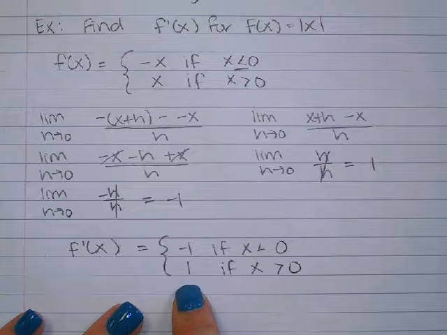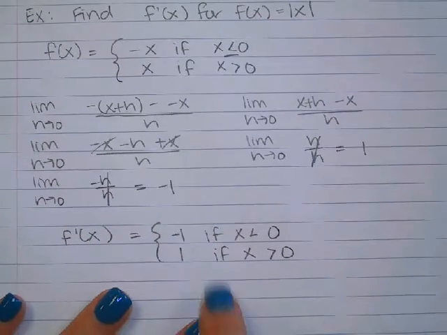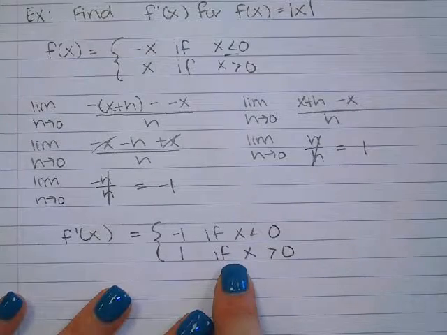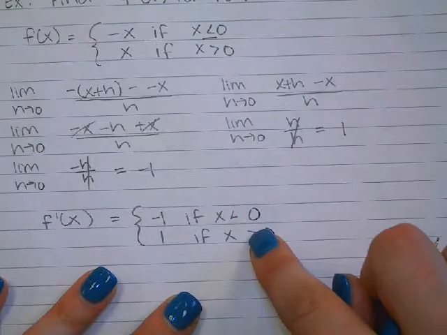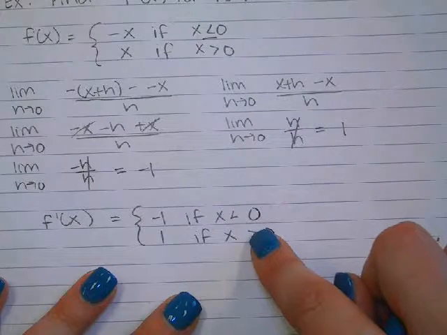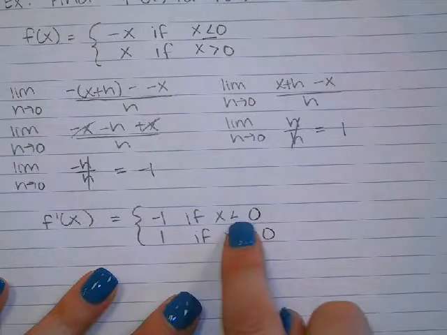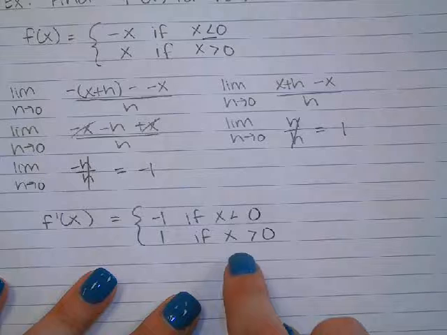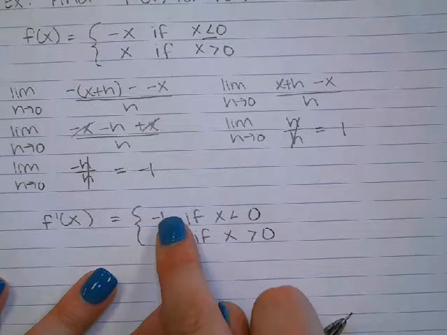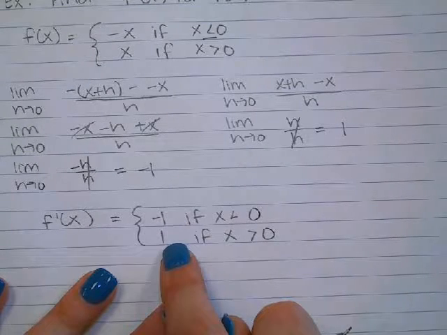They don't agree with each other, and so we're going to say that this is not differentiable at x equals 0, which is why I went from having the equal sign up here to not having an equal sign down here. So we can say it's differentiable anything to the left of 0, and it's differentiable for anything to the right of 0, but it is not differentiable at 0 because the left slope and the right slope do not agree with each other. There's a sharp corner there, okay?